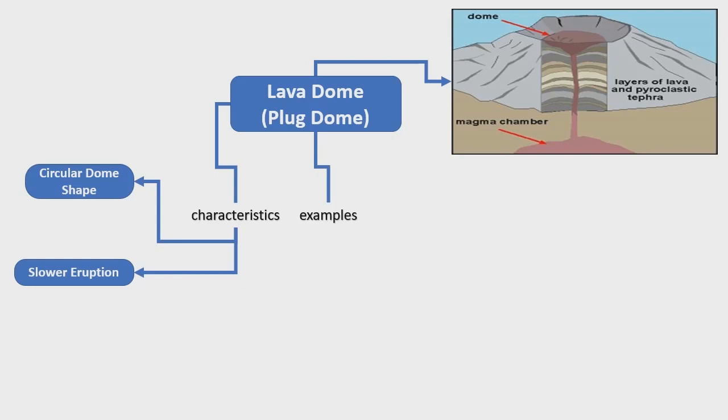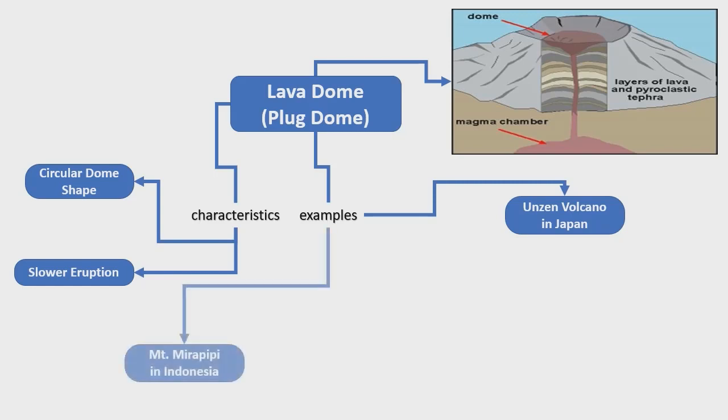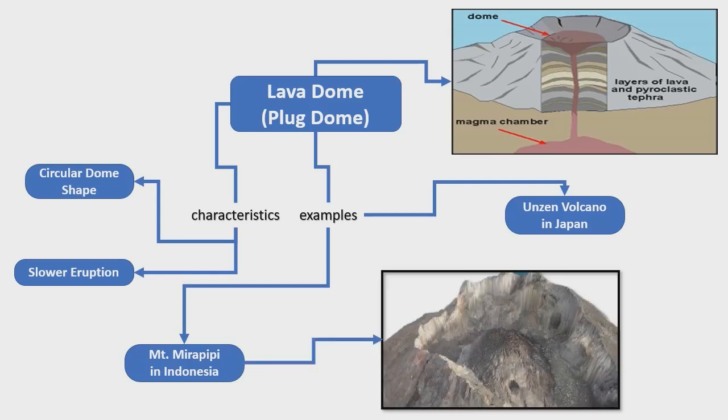Examples of this type of volcano can be found in Onsen volcano in Japan and Mount Merapi volcano in Indonesia. So that is how a plug dome is illustrated, as if it is a plug that is covering the crater of a volcano.